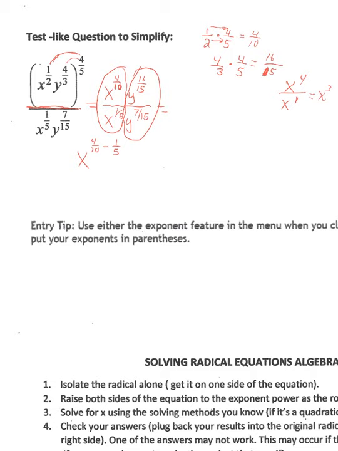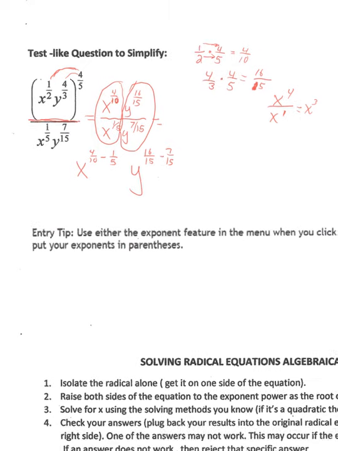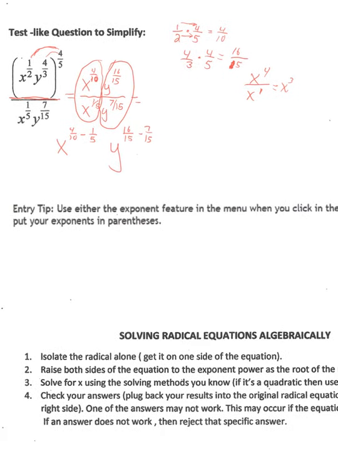We'll have to mess with that. And y to the 16/15 take away 7/15. So let's take each one of those fractions that we have, and let's do our calculations with those.